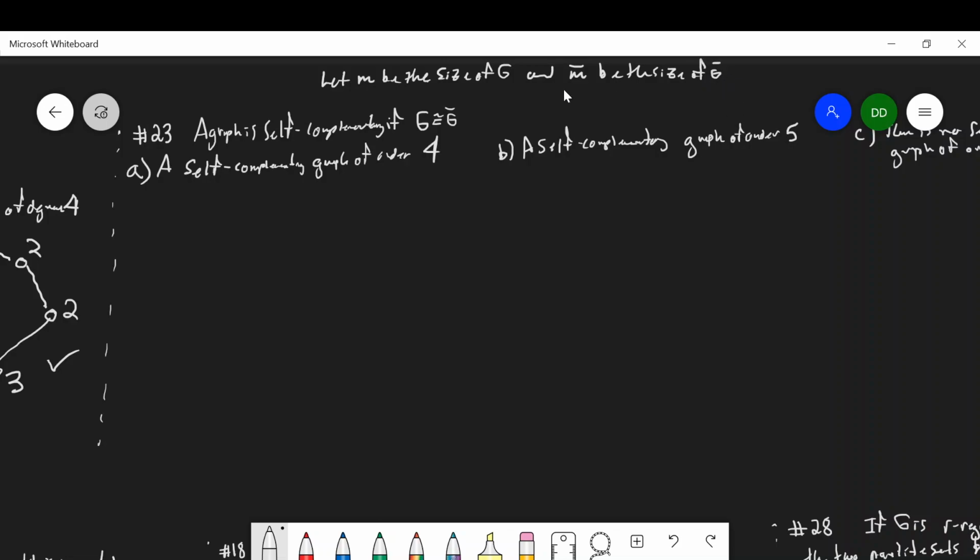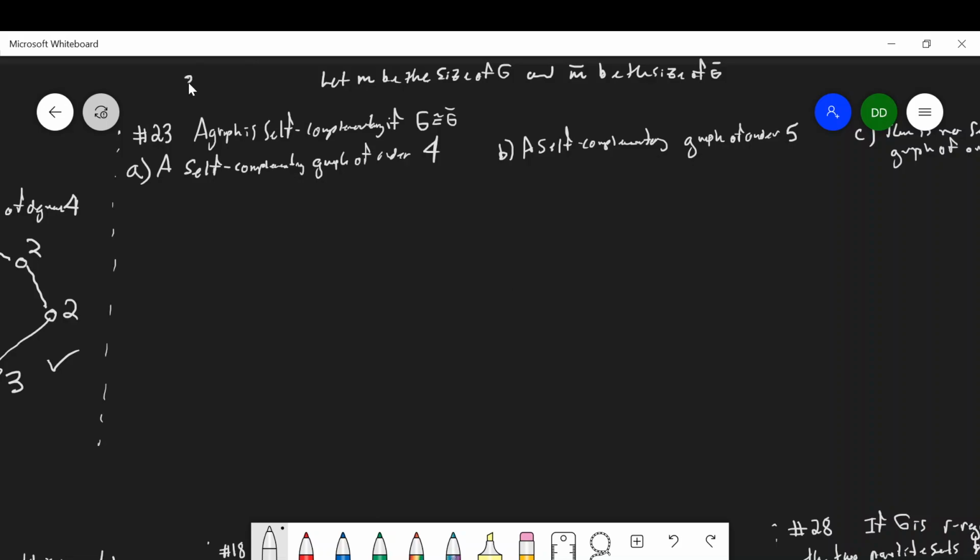Then what do I know about these two things, M and M bar? Well, if I take all the edges of G and all the edges of G complement, that'll be all the edges in G, but then in the complement, those become non-edges, and the edges in G complement are the non-edges in G. And so together, those should give me the size of the complete graph, which is n choose 2.